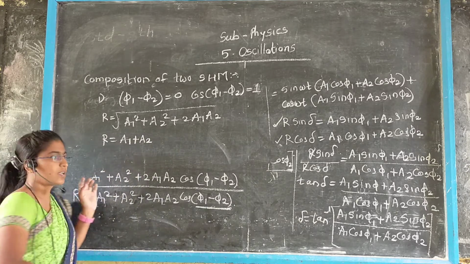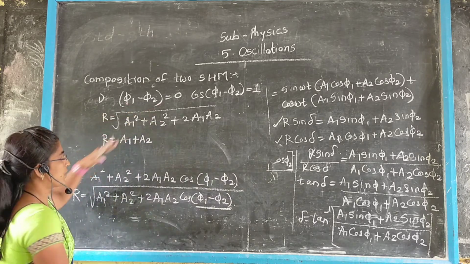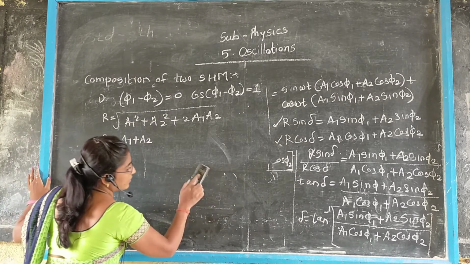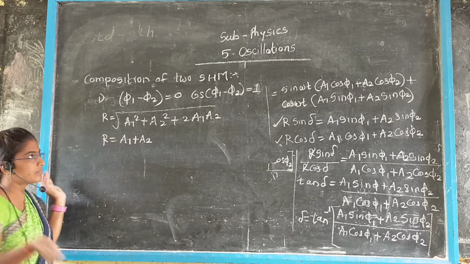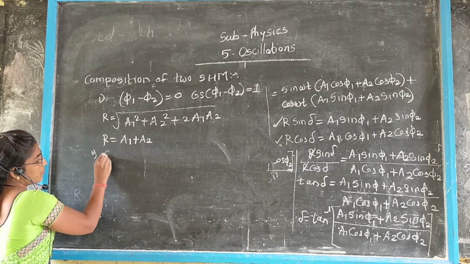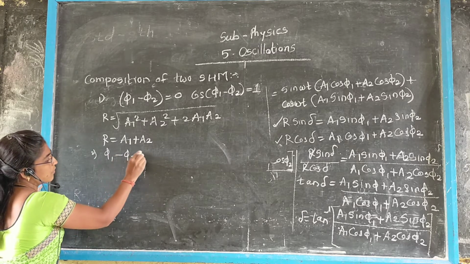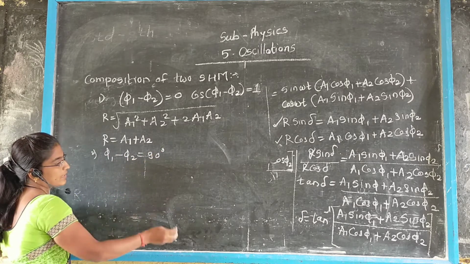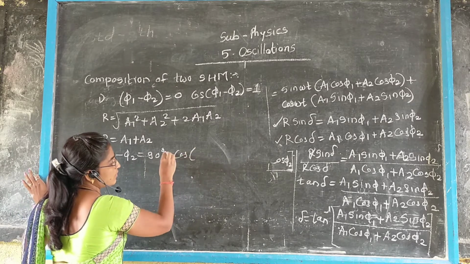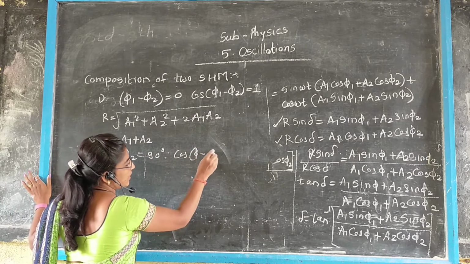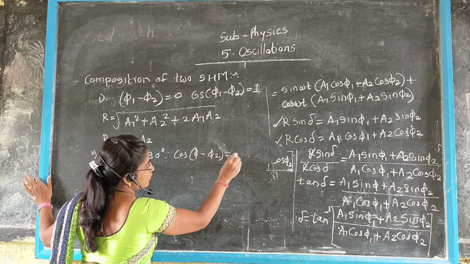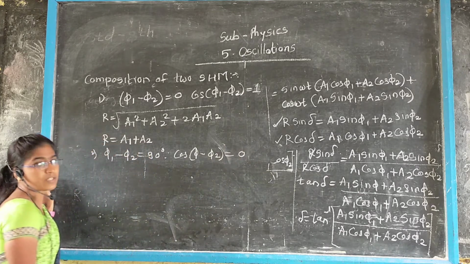Now, second case, if phi 1 minus phi 2 is equal to 90 degrees, therefore cos of phi 1 minus phi 2 is equal to 0.